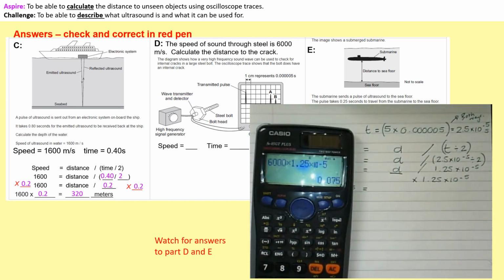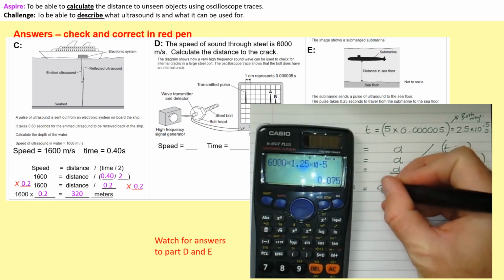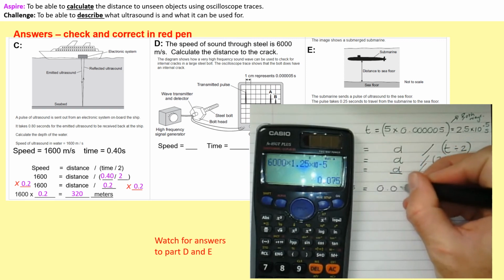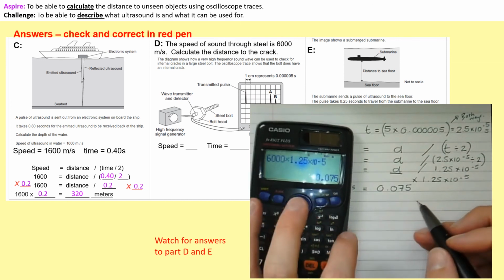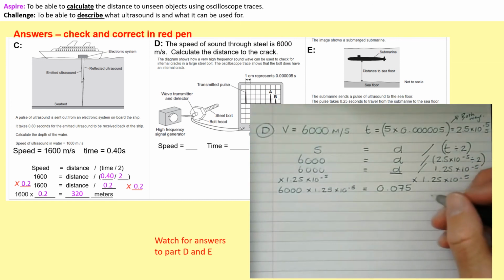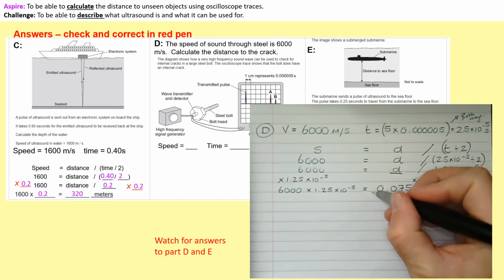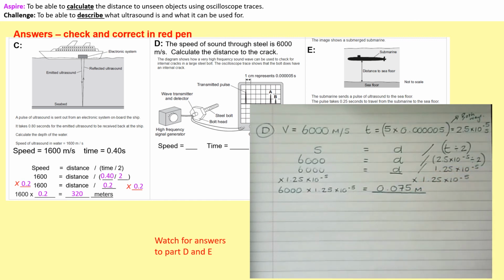The light's a bit better. Equals 0.075, and this is the distance. So that's going to be in meters, lowercase m, and underline that. There you go. That's your answer to part D.